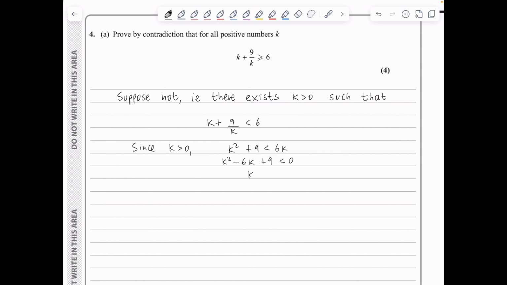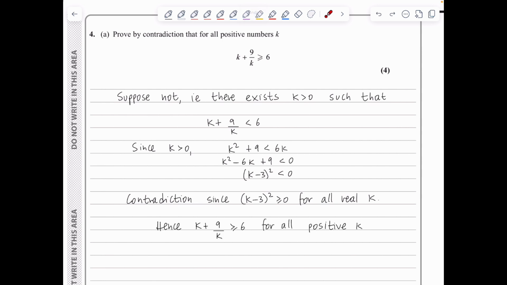So we're looking at (k minus 3) all squared being less than 0, which we know is certainly false, because if we square any number, the result has to be greater than or equal to 0. So we say contradiction, since (k minus 3) all squared is greater than or equal to 0 for all real k, and we are missing the conclusion. So we conclude that k plus 9 over k is greater than or equal to 6 for all positive k.